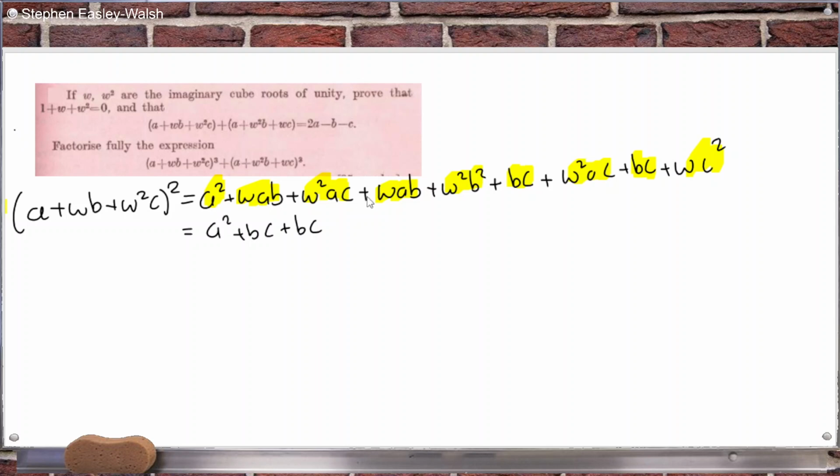So a squared, bc, plus omega ab plus ab, plus c squared, plus omega squared ac plus ac, omega squared is there and there and there, ac, and then b squared. Okay.